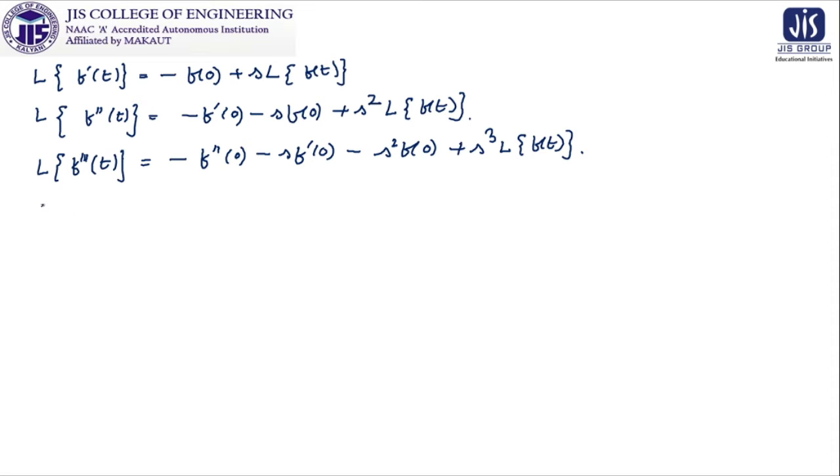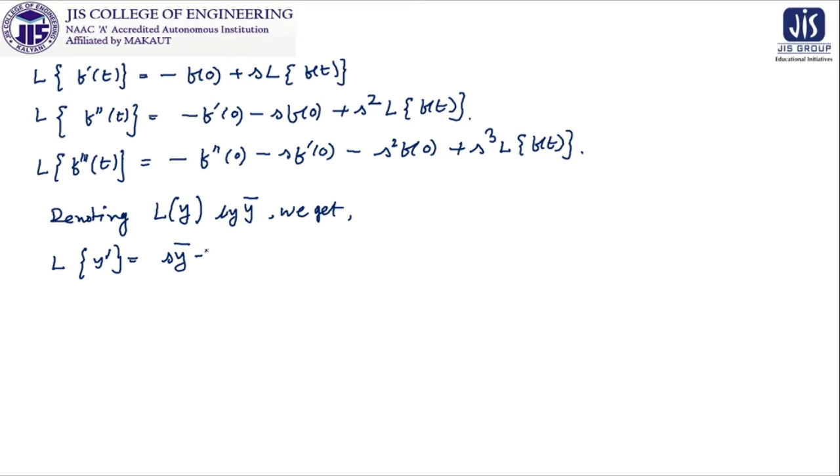So if we denote the Laplace transform of y by y bar, then the Laplace transform of y dash, that is the first order differentiation of y, is s y bar minus y(0).